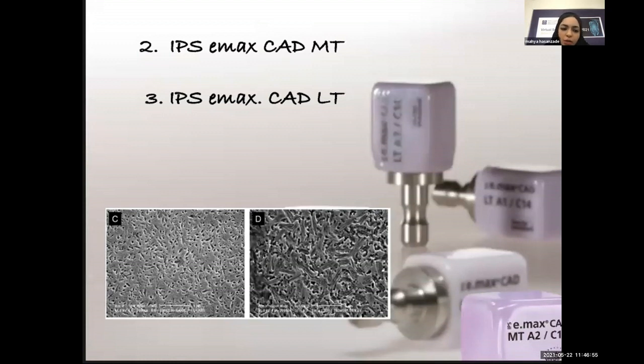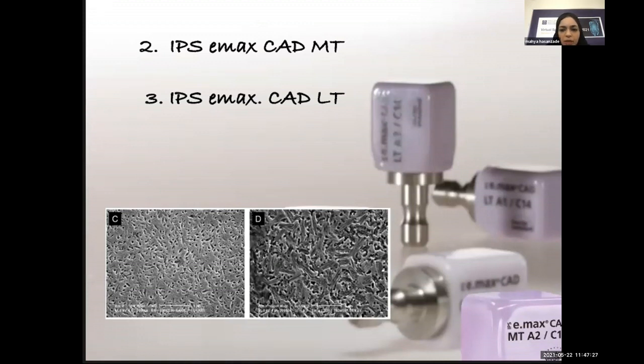Ivoclar company also offers IPS e.max CAD MT and LT, medium translucence and low translucence. Let's first speak about the low translucence. The low translucent materials contain a higher density of smaller crystals, and the fully crystallized LT ceramics exhibit a high density of small size, 0.8 microns, interlocked lithium disilicate crystals together with spherical pores.